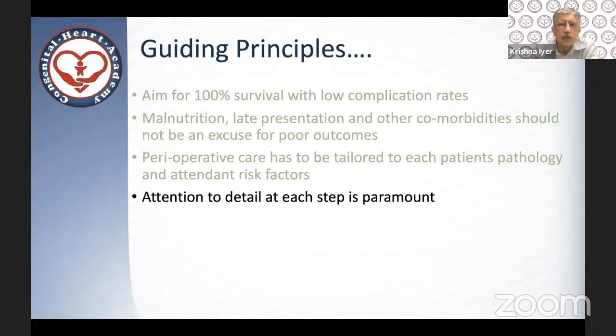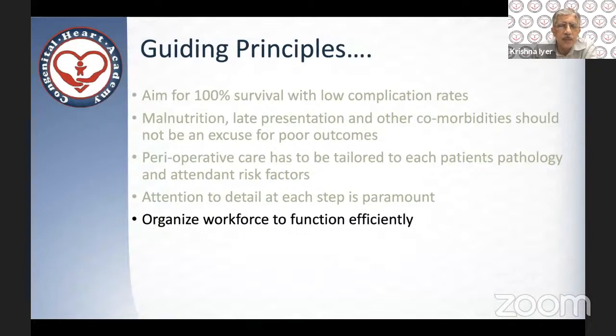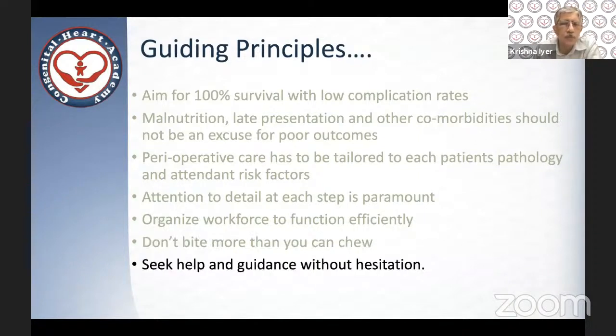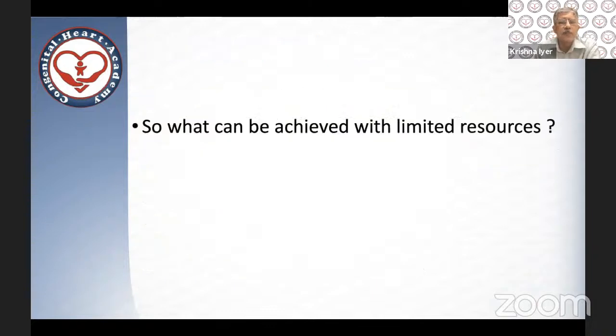And of course, attention to detail at each step is paramount to a successful outcome. Surgeons need to organize the workforce, because workforce is limited, to function efficiently so that multiple patients can be taken care of with a limited workforce. And most importantly, don't bite more than you can chew. Seek help and guidance without hesitation at any time of the day or night.